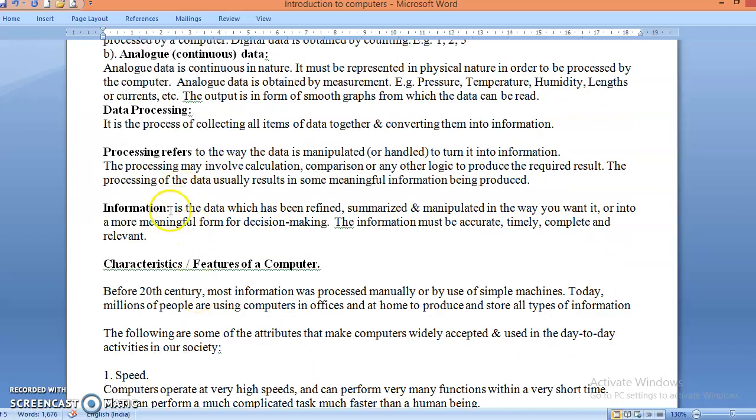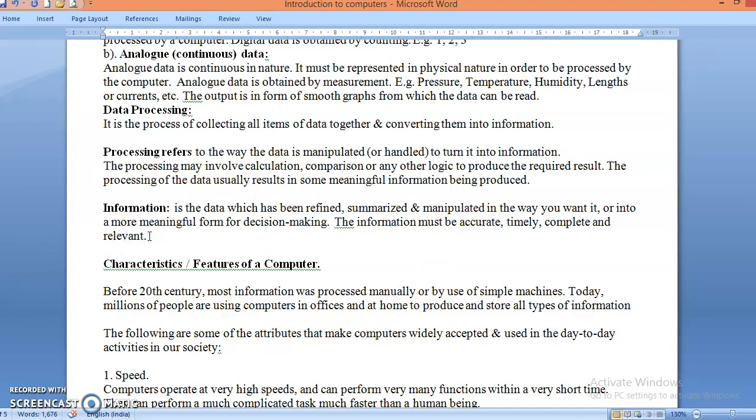And the final output, which is information, is data that has been refined, summarized, and manipulated in the way you want, into a more meaningful form for decision making. The information must be accurate, timely, complete, and relevant.